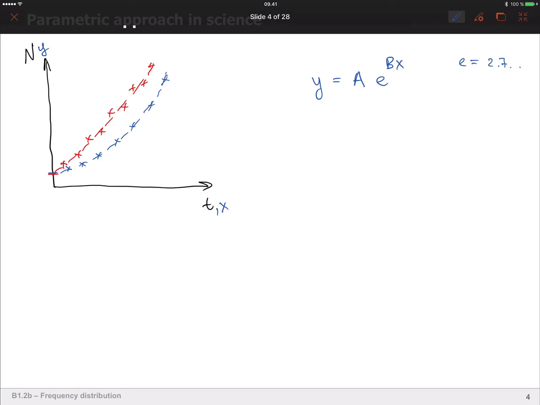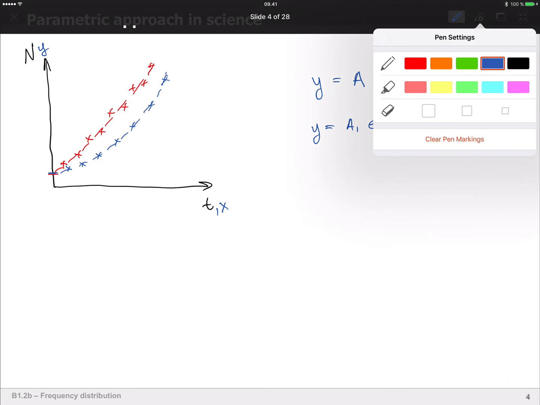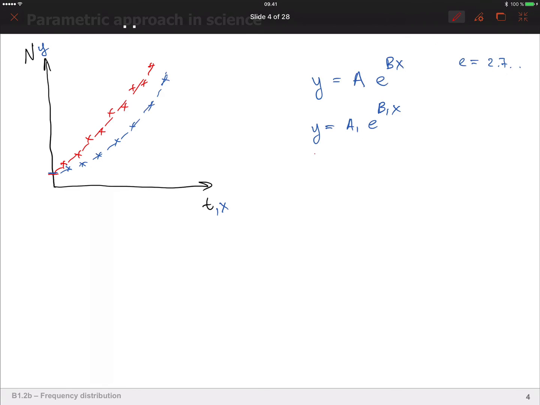So we have y equal to a1 e^(b1x), and then we have y equal to a2 e^(b2x). So we have two parameters: we have a2, b2, we have a1 and b1.